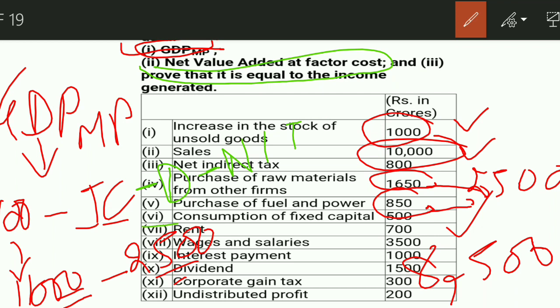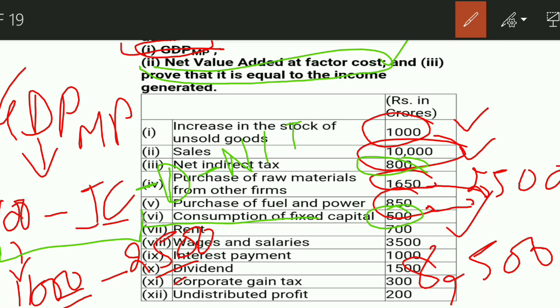Consumption of fixed capital, that is depreciation, is given as 500, and net indirect tax here is given to us as 800. So when we subtract 500 and 800 from gross value added at market price, that is value of output minus intermediate consumption, then we will reach net value added at factor cost.